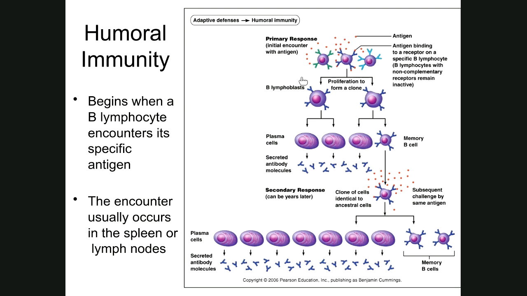So the body gets introduced to some antigen that's represented by these little red circles that you can see in here. We'll say it's varicella virus. So varicella virus, which is the virus that causes chickenpox, has been introduced into your body. And what I want you to notice is that only one of these 3 lymphocytes, B cells, is actually binding to the varicella.